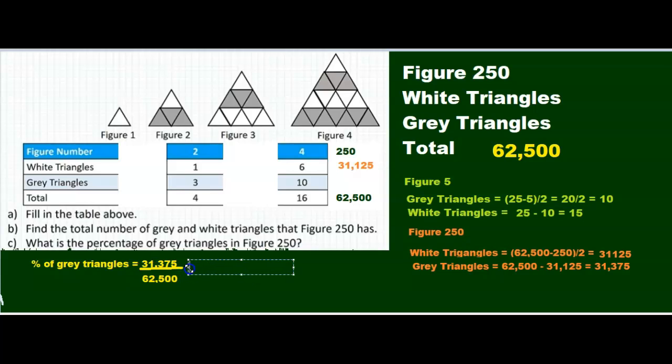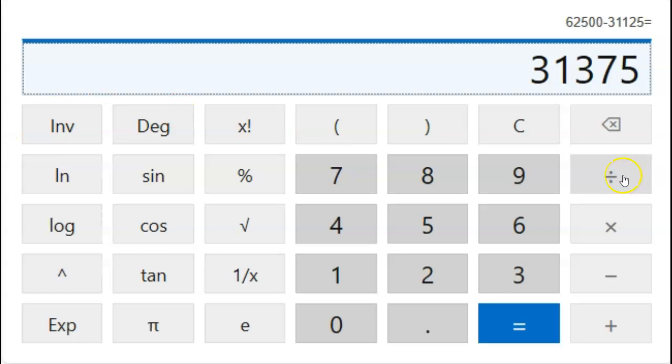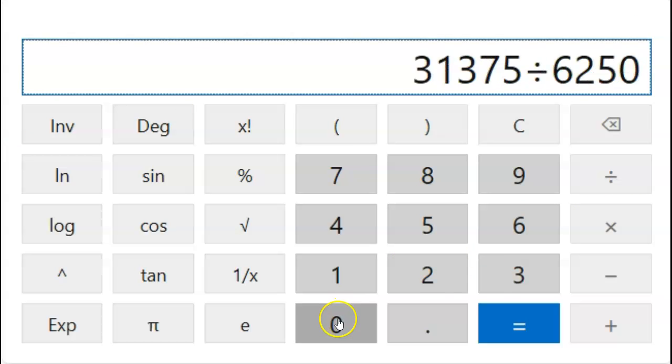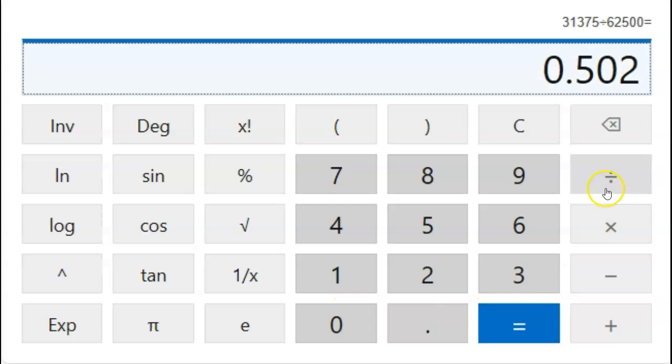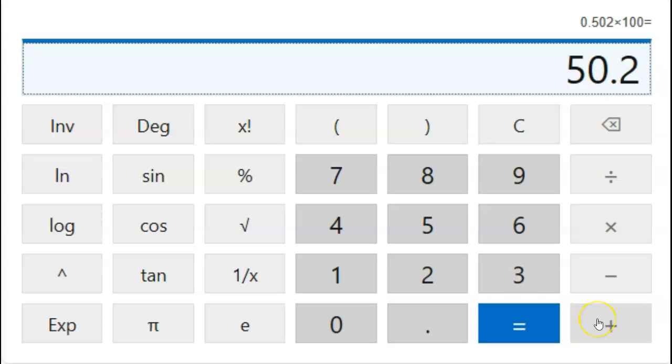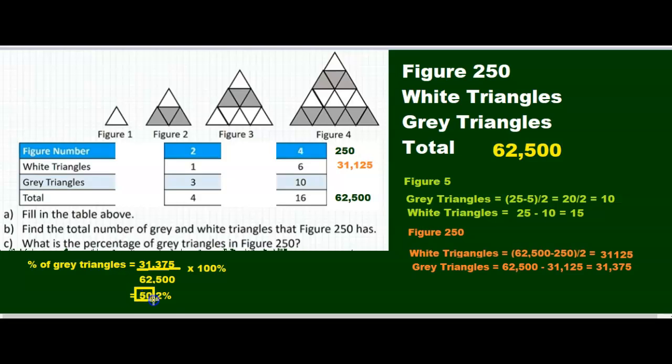That's your fraction, and to convert it to a percentage, you have to multiply that by 100%. We have 31375 divided by 62,500. That gives us our decimal, and we have to change it to percentage, which is times 100%, so it's 50.2. So therefore, the percent of gray triangles in figure 250 is 50.2%. And that's how we solve this problem.